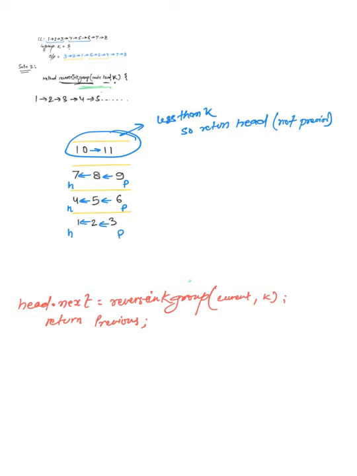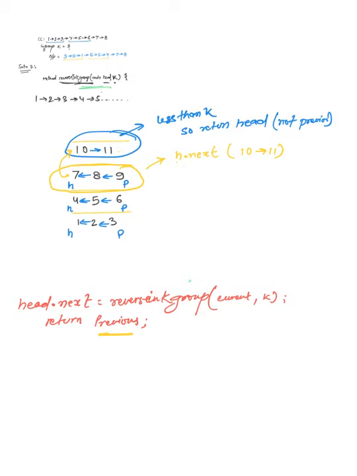For this layer, what will it get? h dot next, we call this part, right? This is returning 10, so 10 to 11. So now we connected h dot next to 10. Now this layer is going to return the previous.